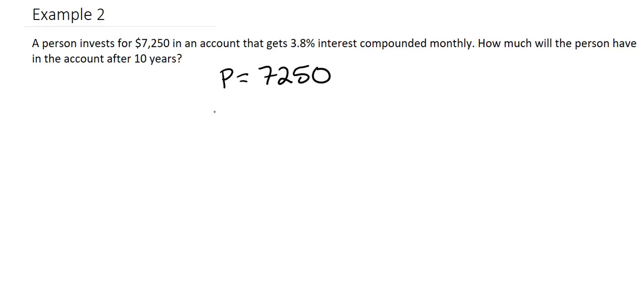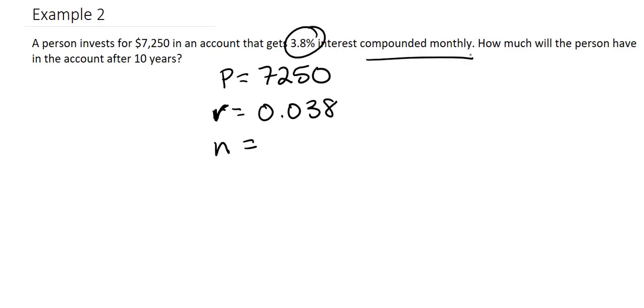Now let's look at our rate, which is 3.8%, and we need that in decimal form. So 0.038. And then N is compounded monthly. Well, if it's compounded monthly, how many months are there in a year? There's 12. And then our T, our time, is 10 years.